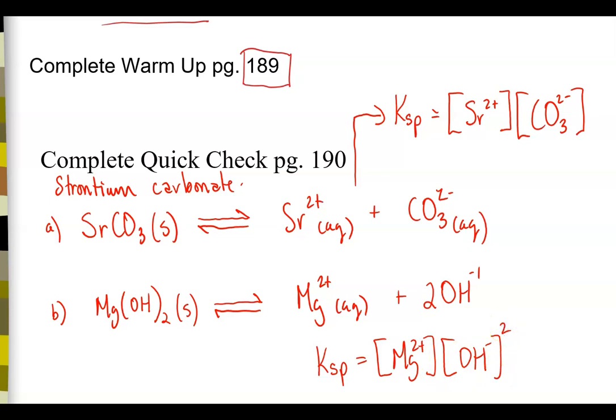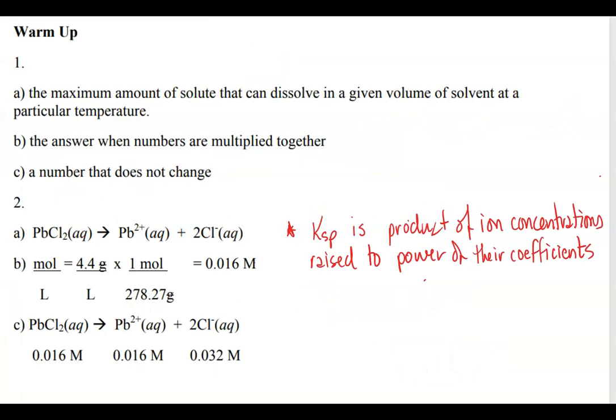Okay, I'd like you to tackle number 3. All right, pause the video, tackle number 3, and then we'll discuss the answer. If you glance just above on page 190, just above the quick check, you see a little beige or shaded box, and it tells you exactly what we talked about. Molar solubility is the maximum amount of solute that can dissolve in a given volume of solvent.